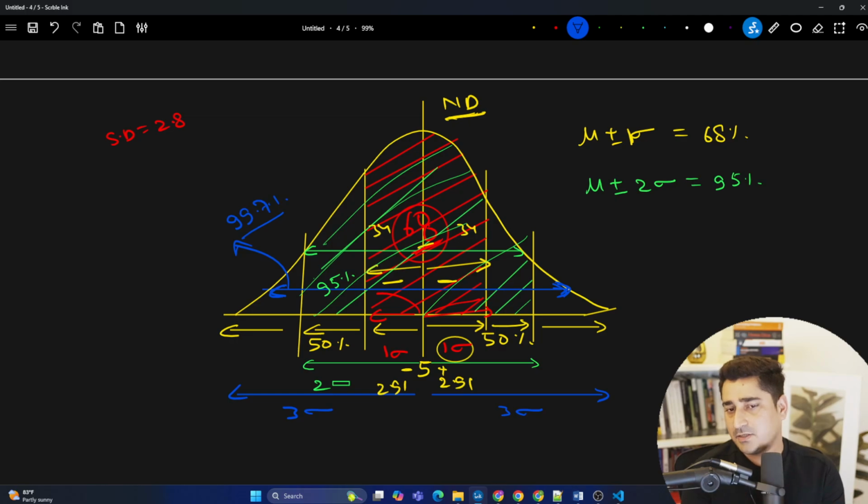And what percentage of the data will be accommodated by 1, 2, and 3 standard deviation respectively? So let me write it down over here. I have not written this. So mu plus minus 3 standard deviation is equal to 99.7 percentile, approximately 100%. Okay, fine.